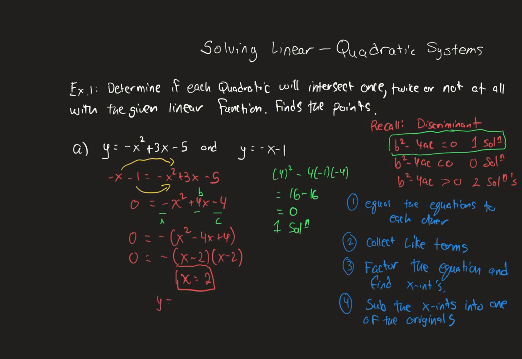So y is equal to negative 2 minus 1. So y is negative 3. Therefore, the point of intersection is at 2, -3. Now, if you plug this into the other equation, you should also get the same result. Let's attempt this with another question.